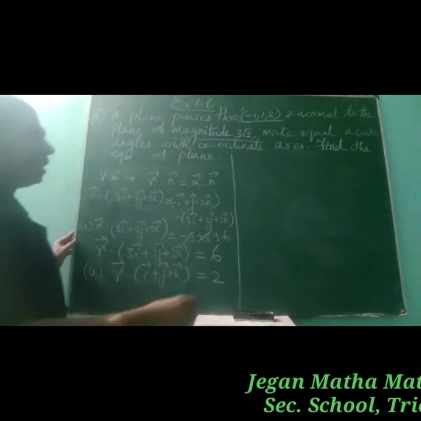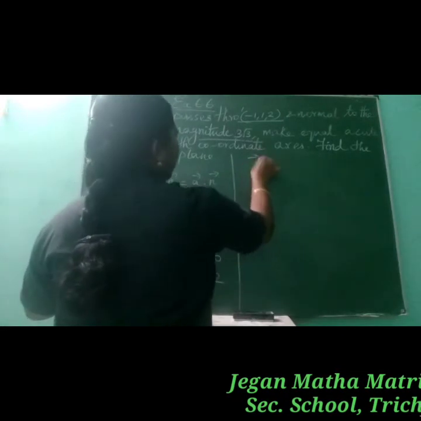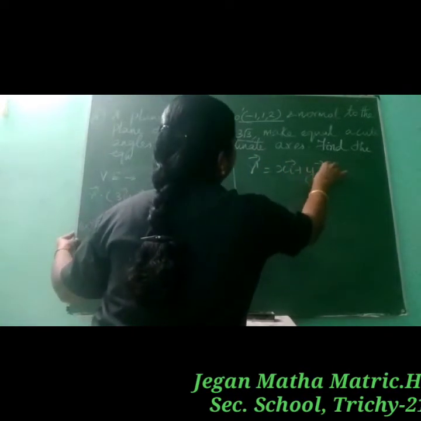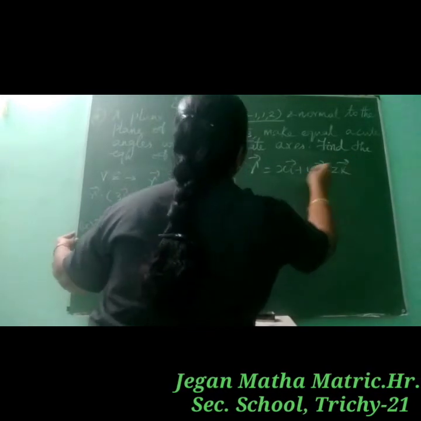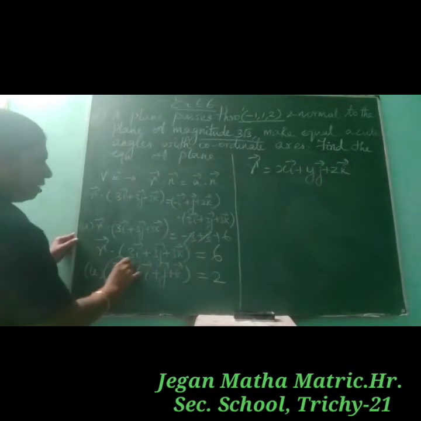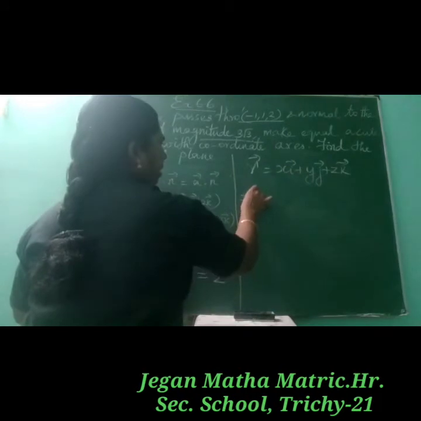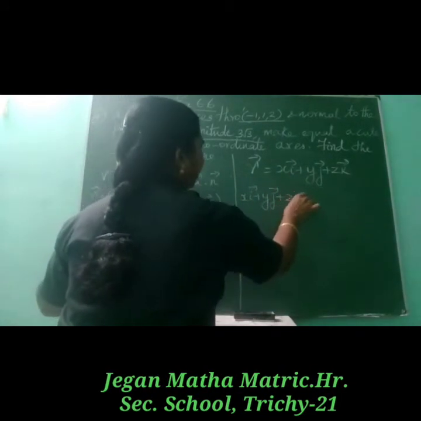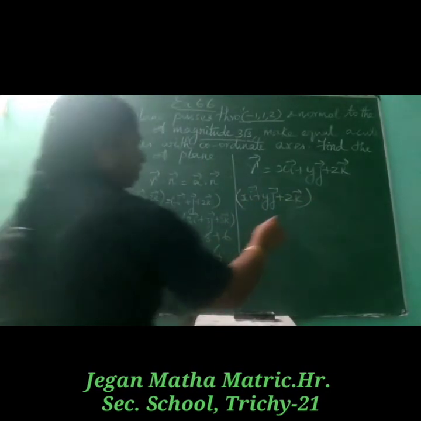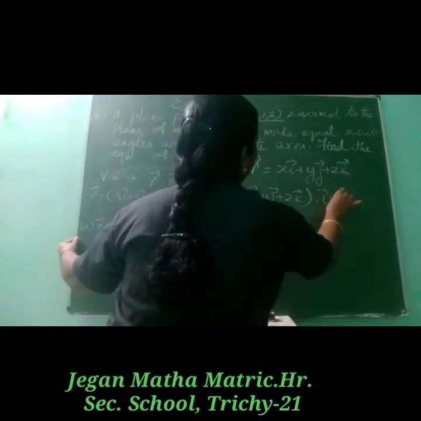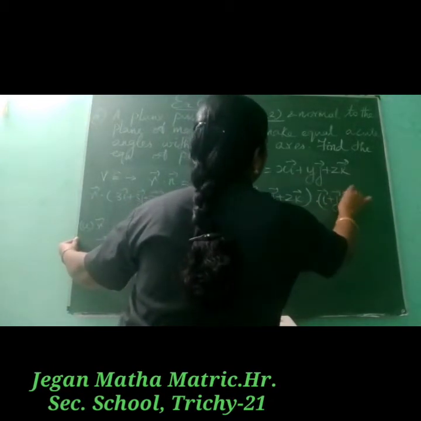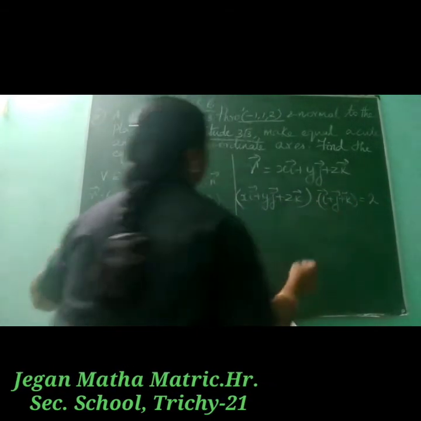We know r vector can be written as xi plus yj plus zk. So if you replace it in the vector equation, r vector is xi plus yj plus zk dot i plus j plus k, which is equal to 2.